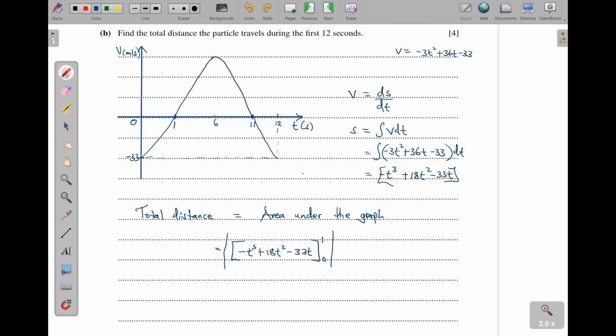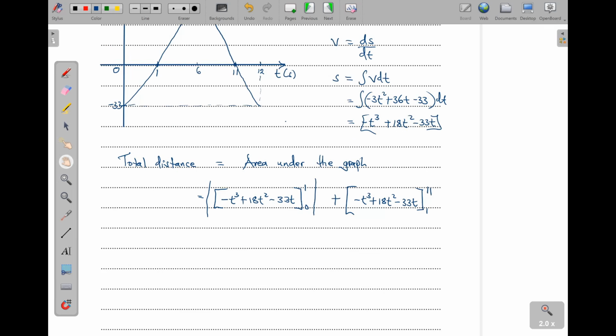Then plus we are going to have now 1 to 11. That one is above, so I don't need to put the modulus signs. So negative t cubed plus 18t squared minus 33t, that is from 1 to 11.